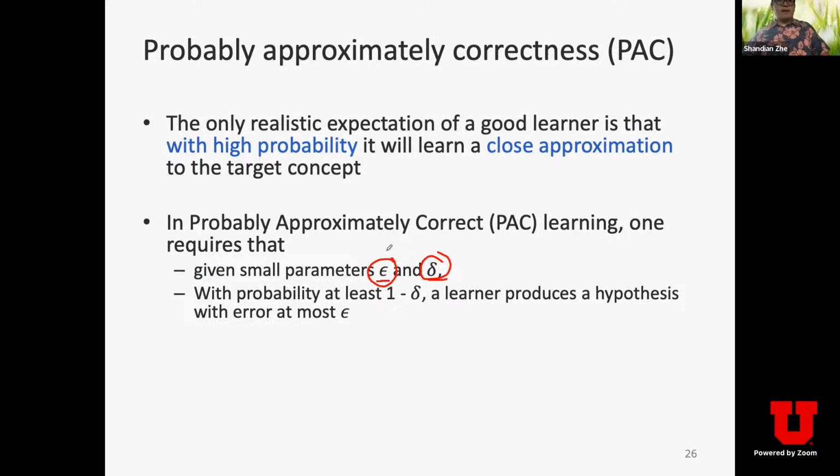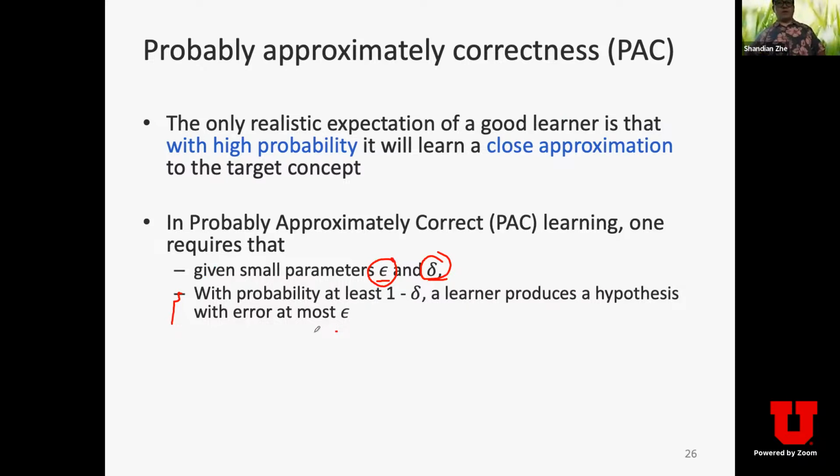And then given any instantiation of epsilon and delta, we can claim something about the learner's performance: with probability at least 1 minus delta, your learner can produce a hypothesis with true error at most epsilon. This is a pretty accurate and specific description of the performance of your learner.